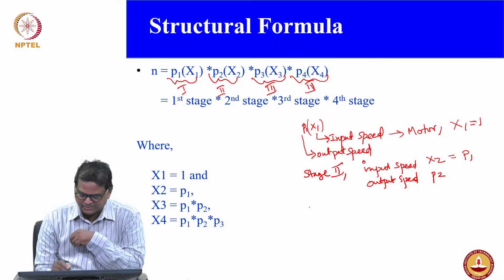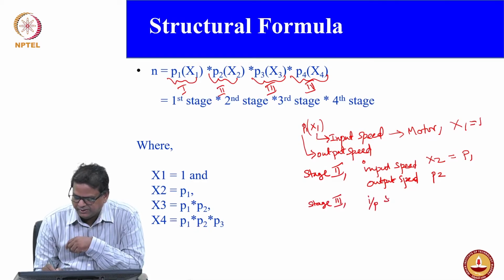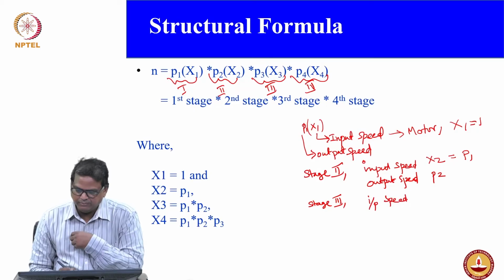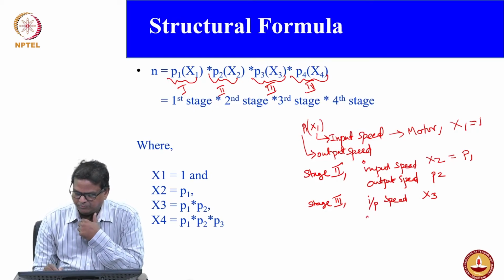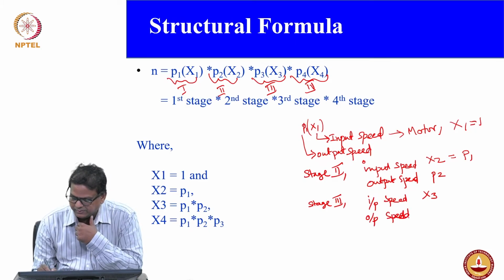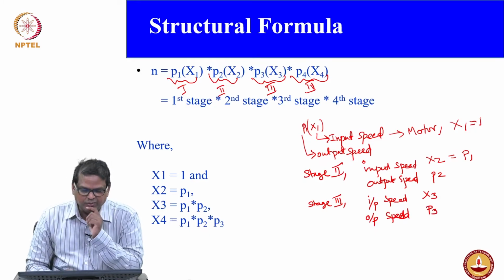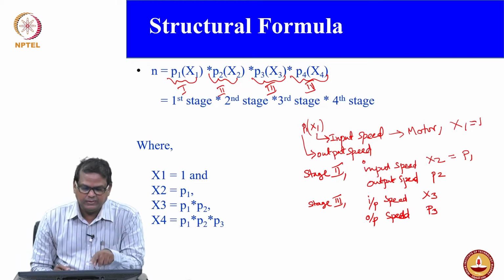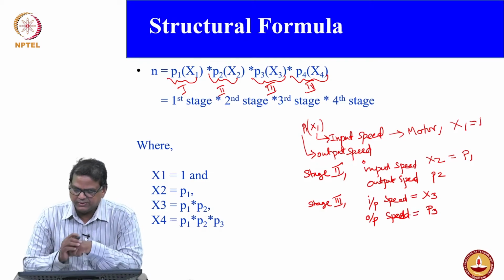Now, we will go to stage 3. What is the input speed? I will put IP, so it is easier. The input speed is x3, and my output speed is P3.